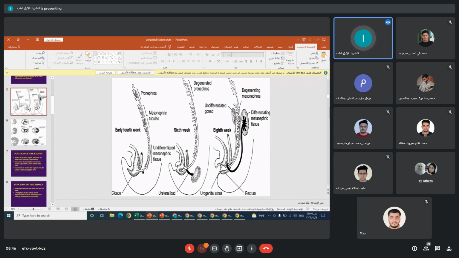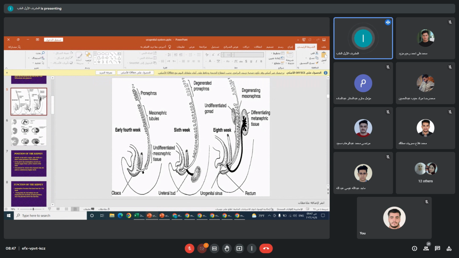We come to these black dots. This is called the nephron. Each of these collecting ducts, which come from the ureteric bud, is covered at its end by metanephric tissue. These black dots, let us say, are the metanephric tissue.